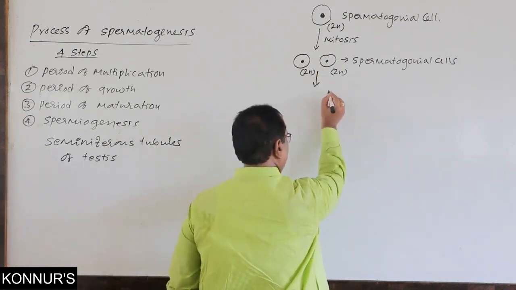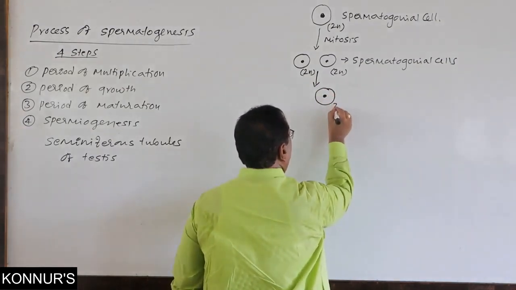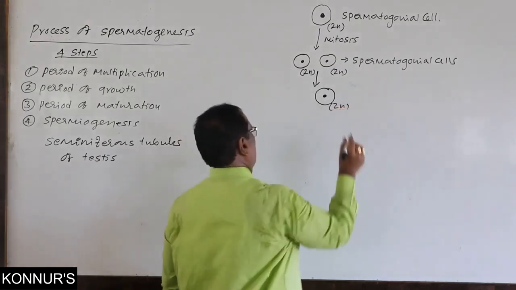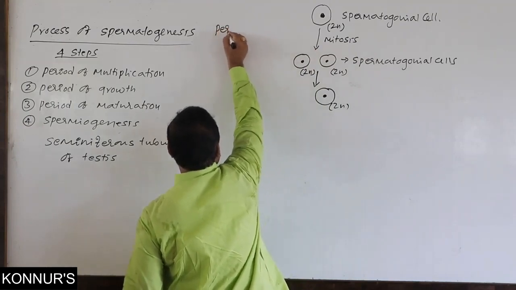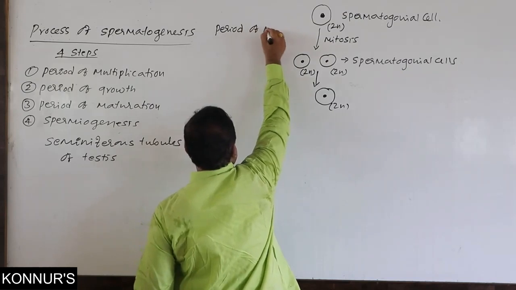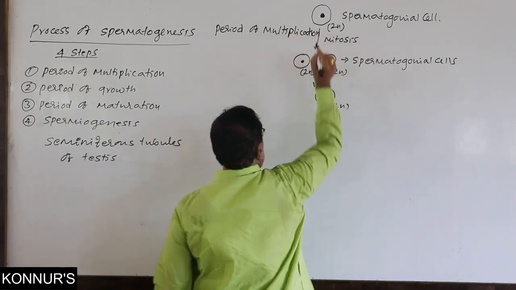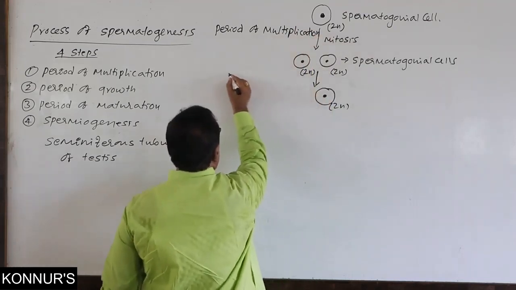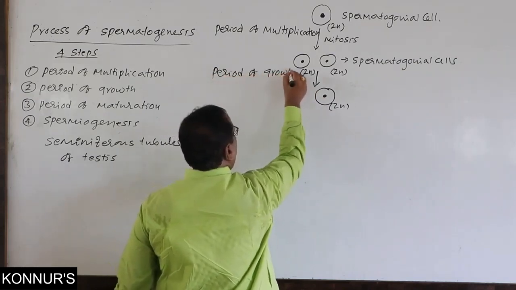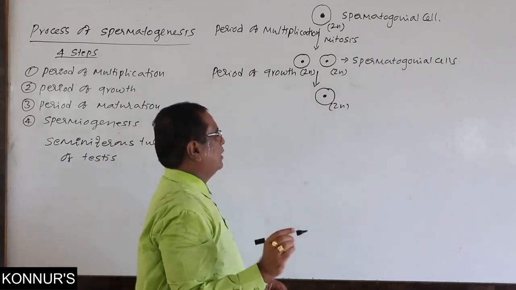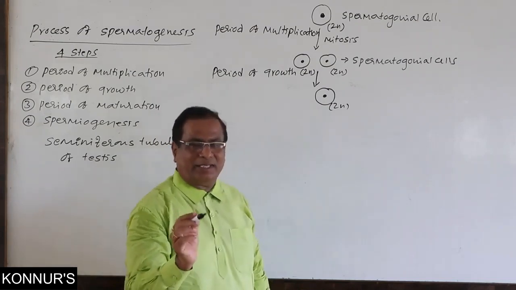Let me go with a single spermatogonial cell. This first step is a period of multiplication, and the second step is period of growth. Both cellular and nuclear content are increased.